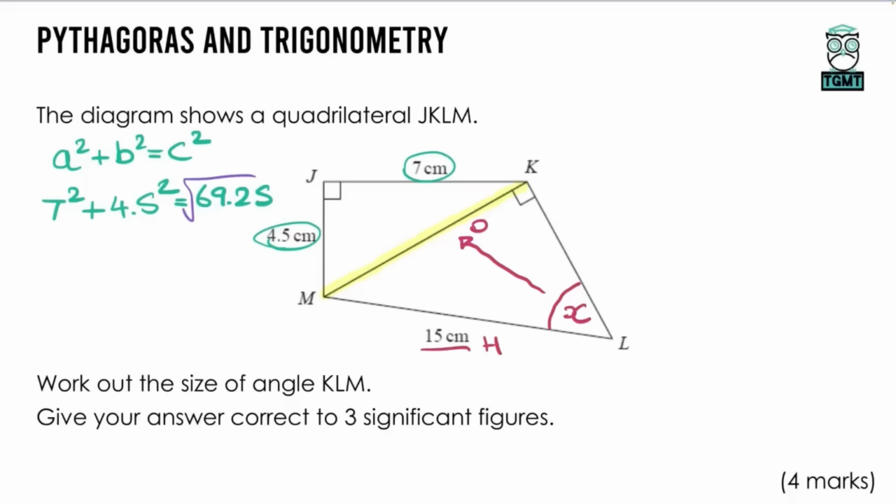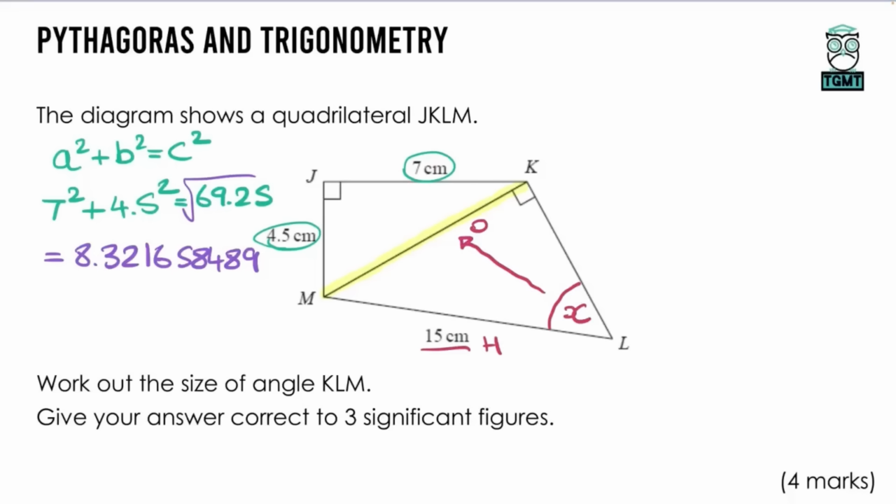So square root of the answer. And it doesn't give us a very nice number. Of course, we're not going to get a very nice number if we're square rooting 69.25. But we do end up with quite a long decimal, 8.321658489. It says to give your answer correct to 3 significant figures. Now at the moment, the answer that I have for that middle line is 10 significant figures long.